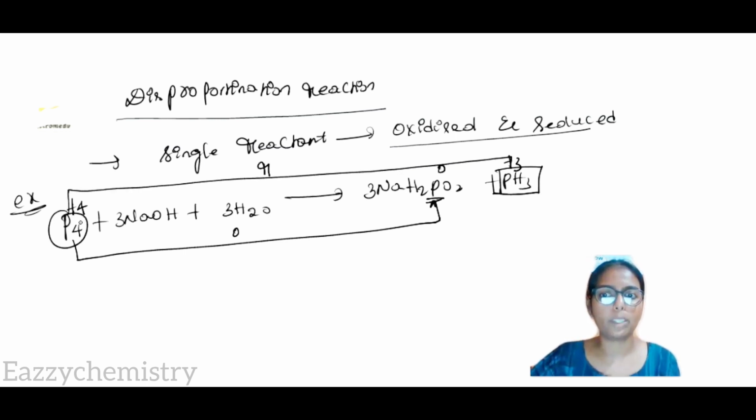So the single reactant phosphorus undergoes both oxidation and reduction. So this particular reaction is termed a disproportionation reaction.